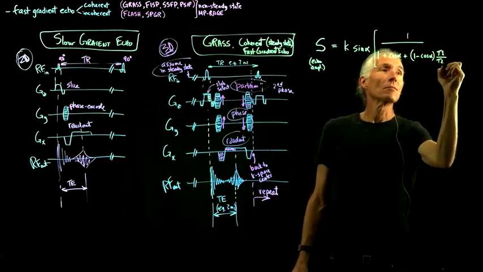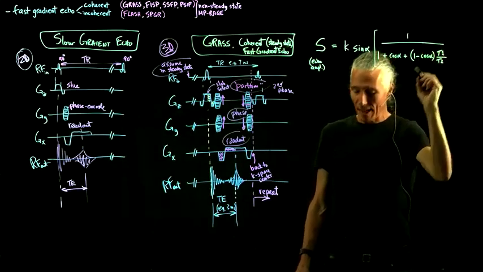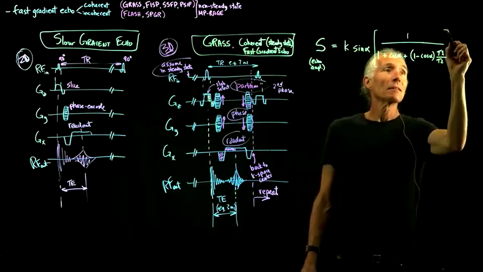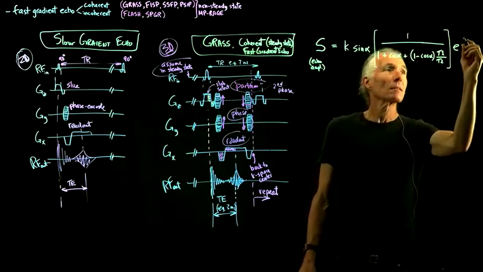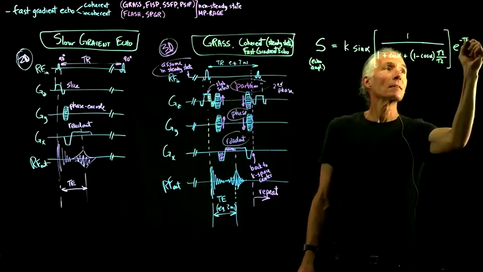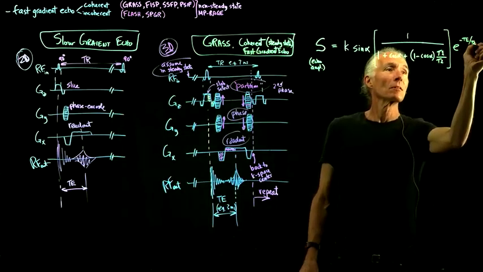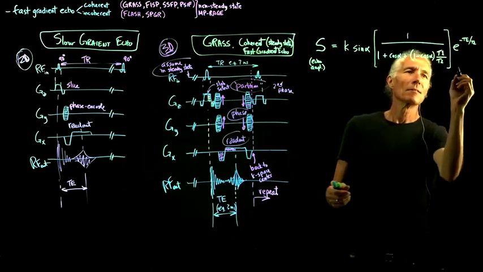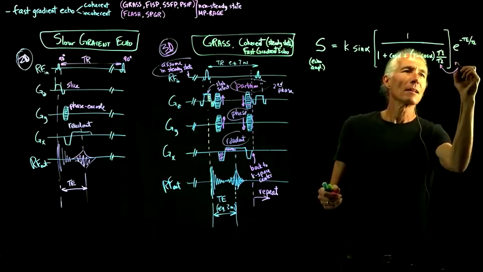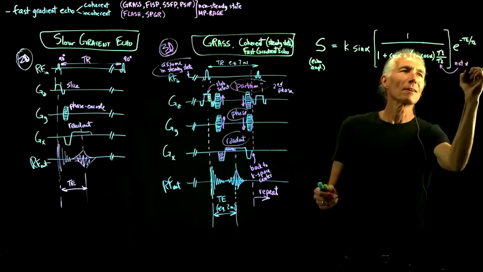Okay, then that whole thing is also multiplied by e to the minus TE over T2. And so those are actually T2, not T2 star.